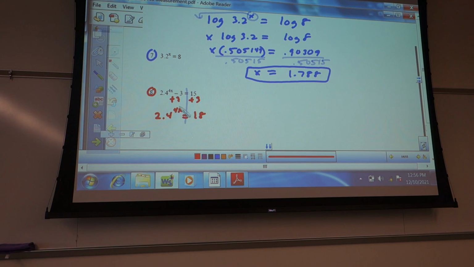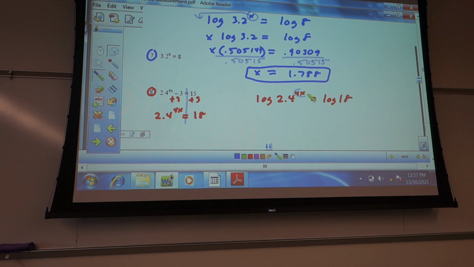Now I need to get rid of this log, so I need to take the log of both sides. So I'm going to do log of 2.4 to the 4x equals log of 18. That allows me to grab him and move it in front. So now I have 4x times log 2.4 equals log of 18.